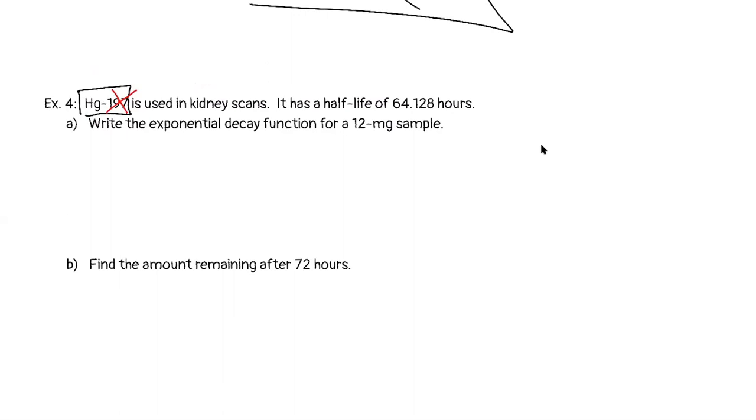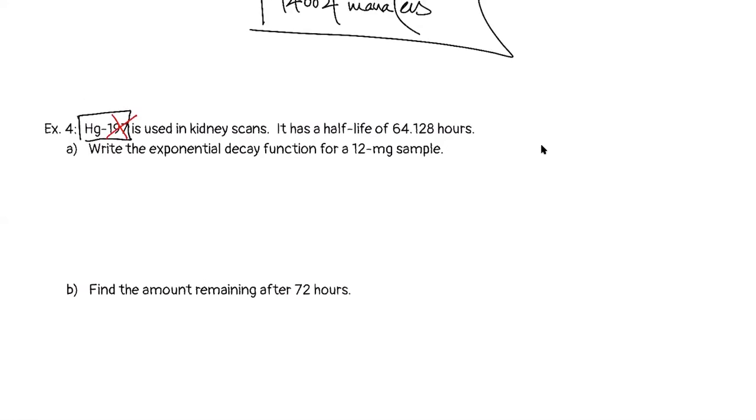Now, it has a half-life of 64.128 hours. Now, here's what a half-life is, all right? A half-life means that if you start with a certain amount, after 64.128 hours, you're going to have half of that amount. And in another 64.128 hours, you're going to have half of that amount.